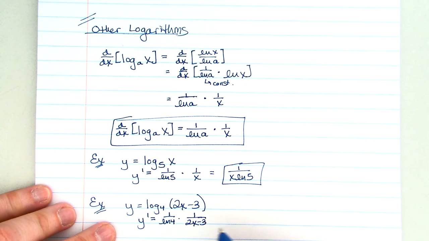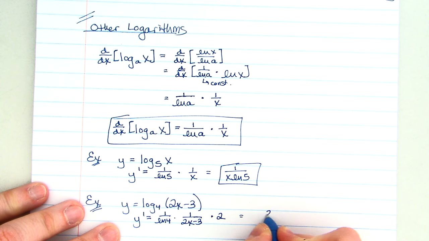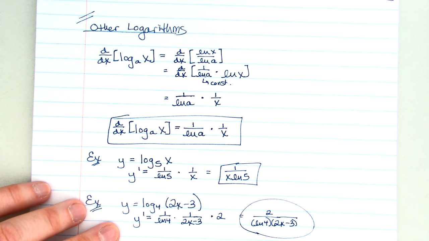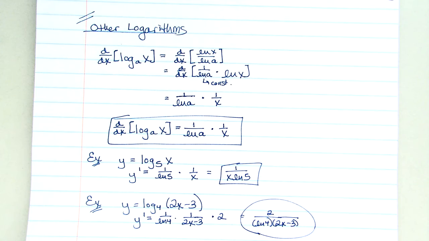By chain rule, though, we're now going to multiply by 2. I could say 2 over natural log of 4 times 2x minus 3. I would need the parentheses to show that the whole thing is getting multiplied by the natural log of 4. Could switch the order, put the 2x minus 3 out front, something like that. One more.